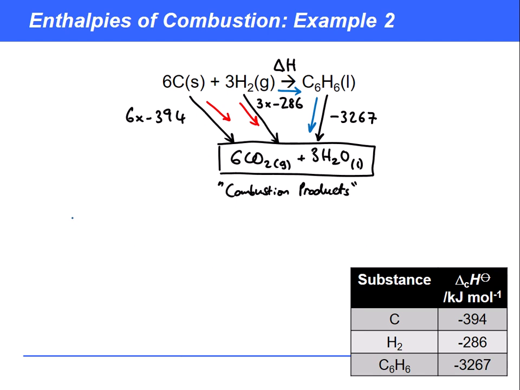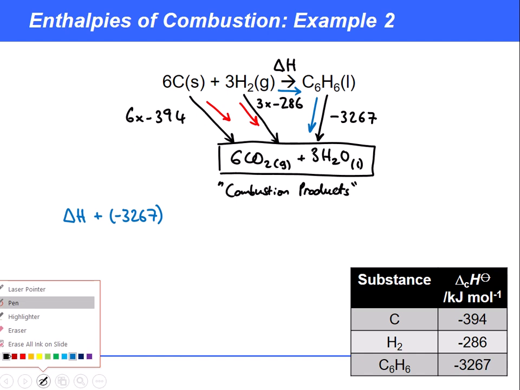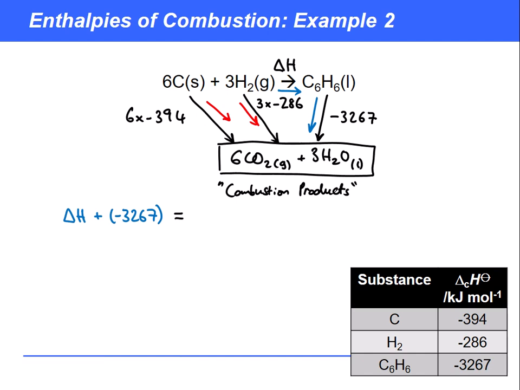So we've got delta H and minus 3267 along the blue route, or the clockwise route, or the indirect route, and then the direct route, or the anti-clockwise sense of arrows. We've got 6 times minus 394 plus 3 times minus 286.